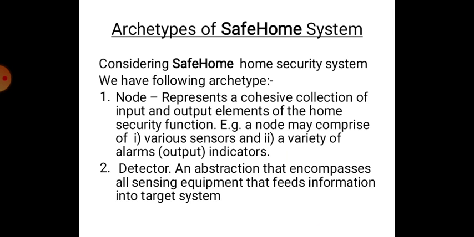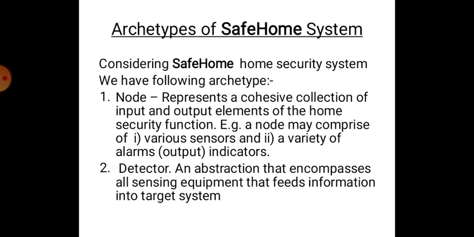Next, node. A node represents a cohesive collection of input and output elements of the home security function. For example, a node may comprise various sensors and, second, a variety of alarms or output indicators.